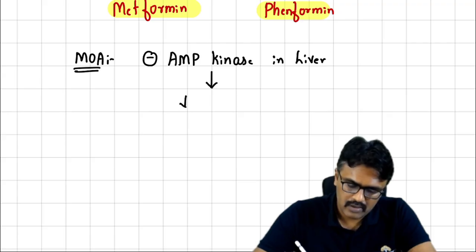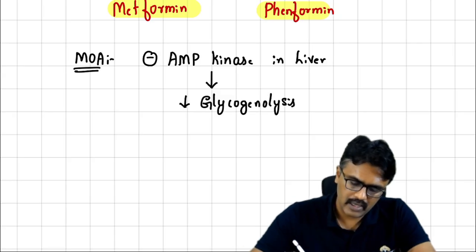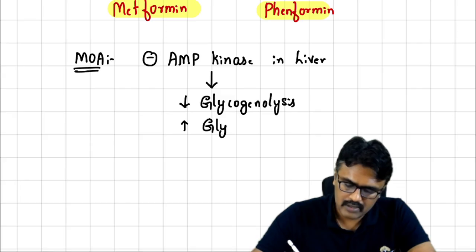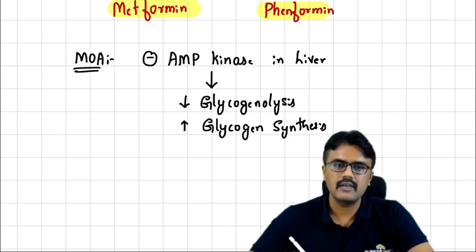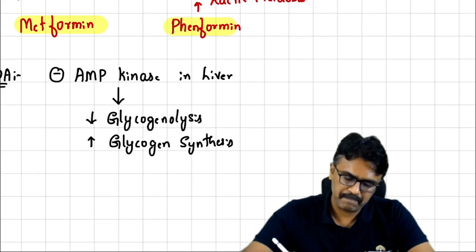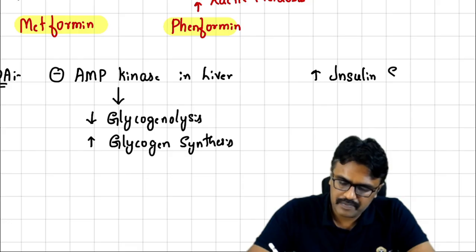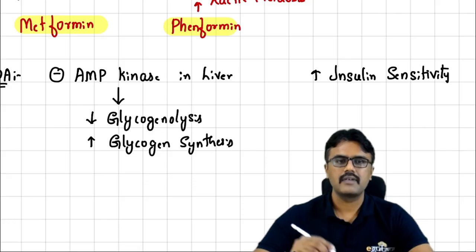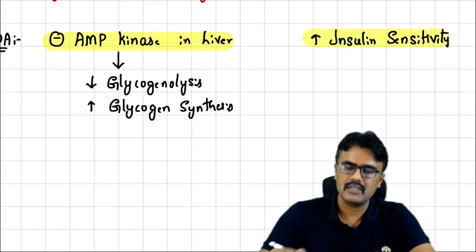It decreases glycogenolysis, and it also increases glycogen synthesis. And third, in the periphery, it increases insulin sensitivity.